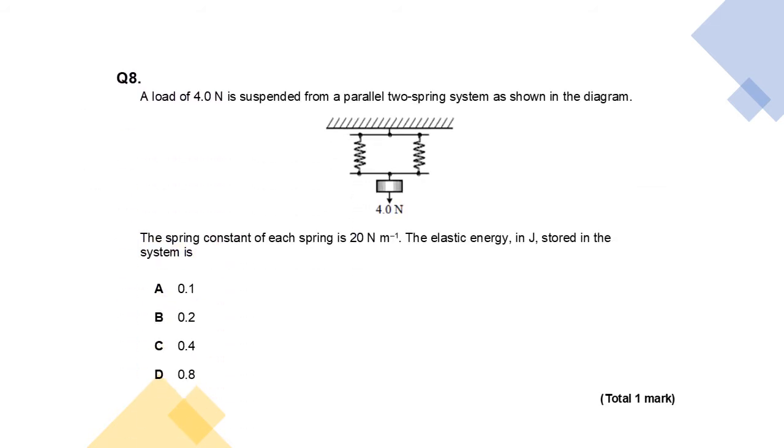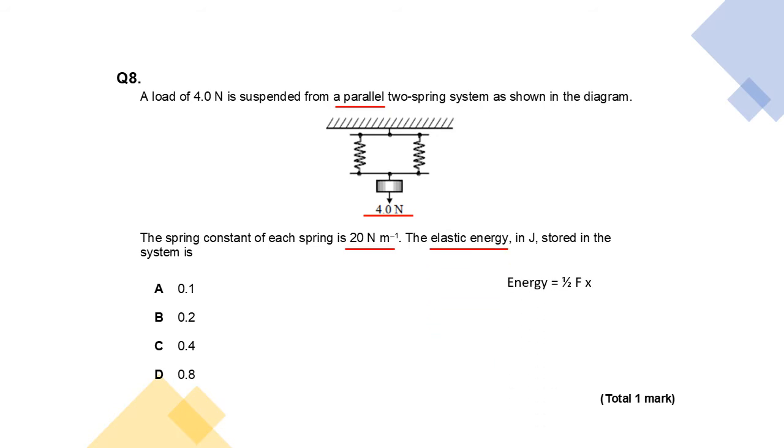So we are moving on to question 8. So you have question 8 there. Let's look at the key information given to you in the question. We have a parallel spring system. That is important. And the spring constant of each spring is 20 newton per meter. Find the energy stored. Like one of the previous questions, the energy stored is again half force times extension.